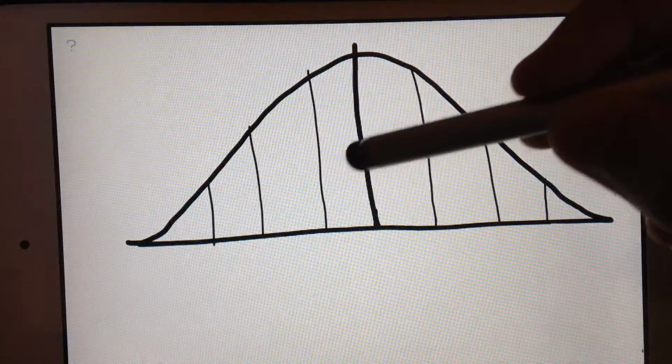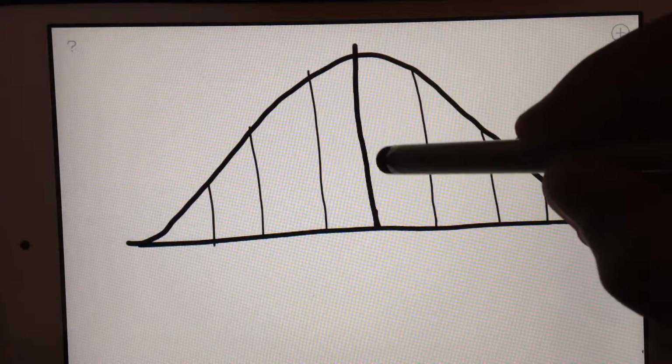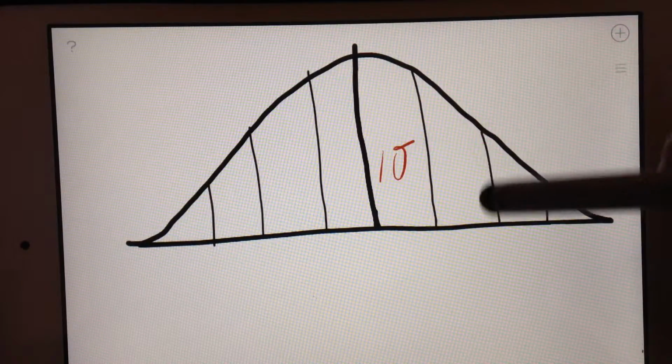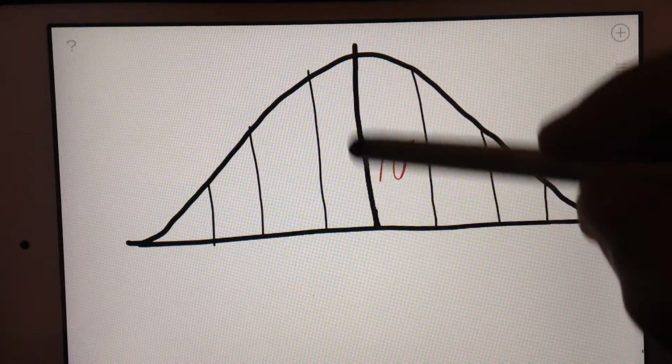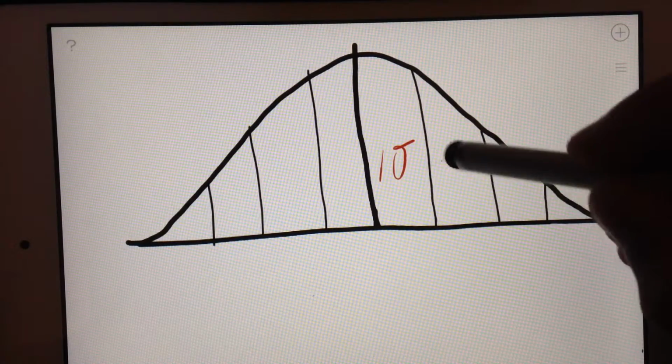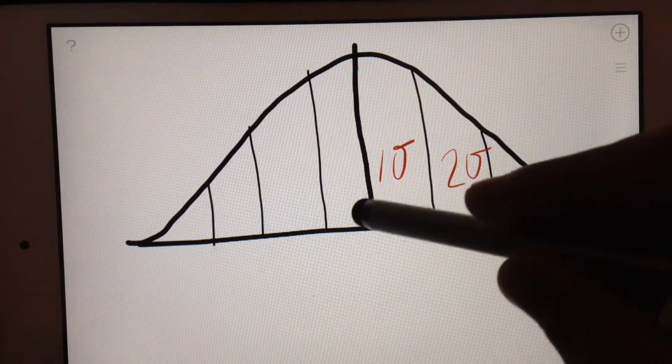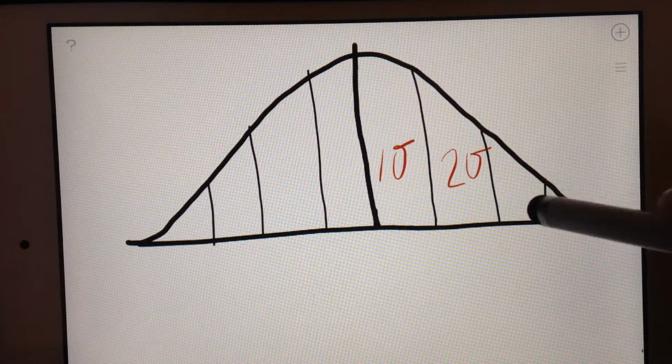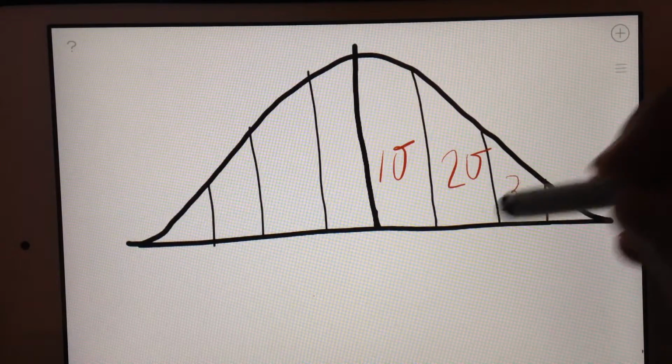From here to here, that's one standard deviation. And then from here all the way to here, that's the second standard deviation to the right. And then from here to here is the third standard deviation.